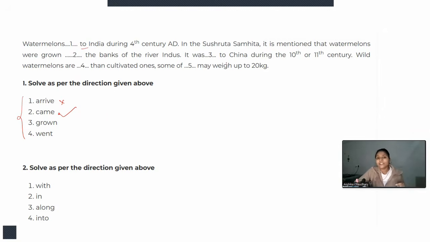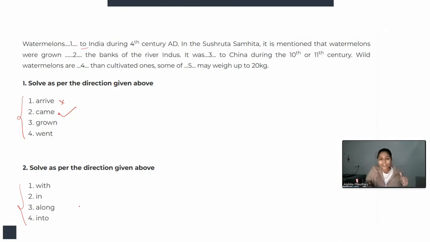Moving forward, in the Sushruta Samhita, it is mentioned that watermelons were grown along the banks of the river Indus. Now, for filling up the second blank, we need to use these options: with, in, along, or into.